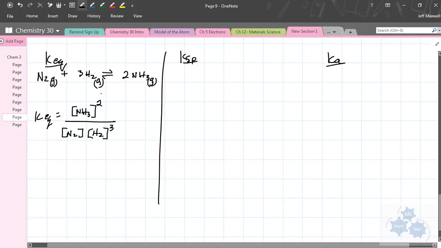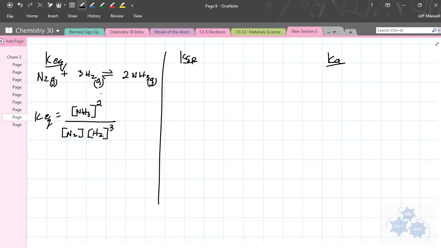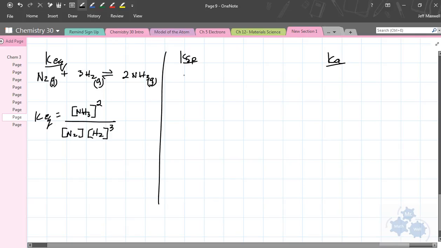Okay, the Ksp group, where did you guys find a Ksp expression and the equation too? I want to write the equation now too. Did you guys find one? All right, so page 603, we've got AgBr, solid, and it is dissolving, and of course reappearing, dissolving into its ions.